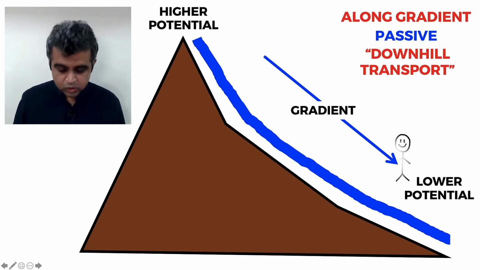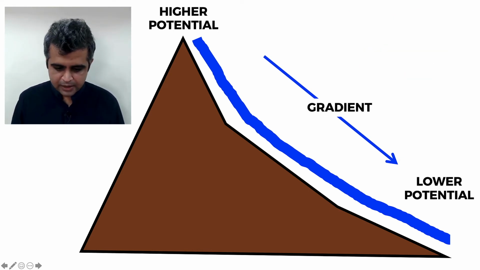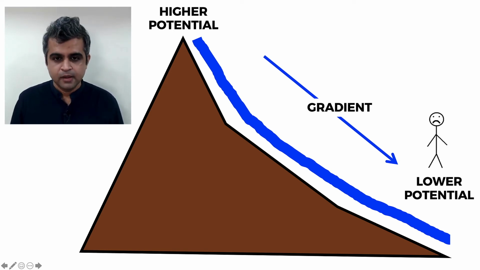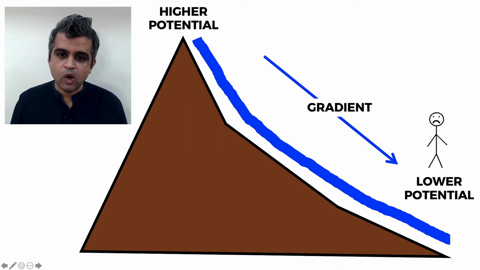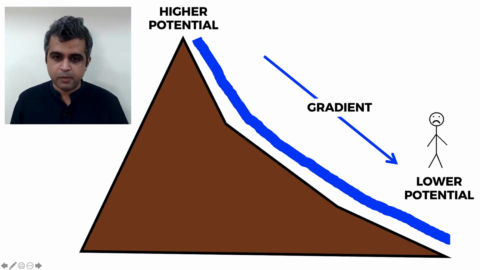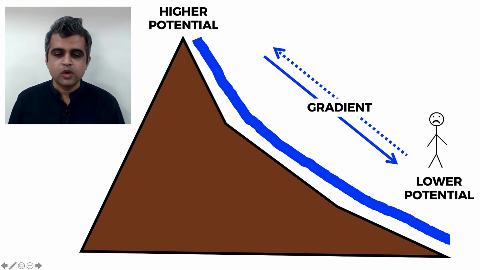Okay, so those of you who are now fully awake, let's see what happens when I ask you to jump here in the valley and swim along the river and meet me at the top of the mountain. So I want you to go in that direction. Dear students, I am now asking you to go from a lower potential to a higher potential.